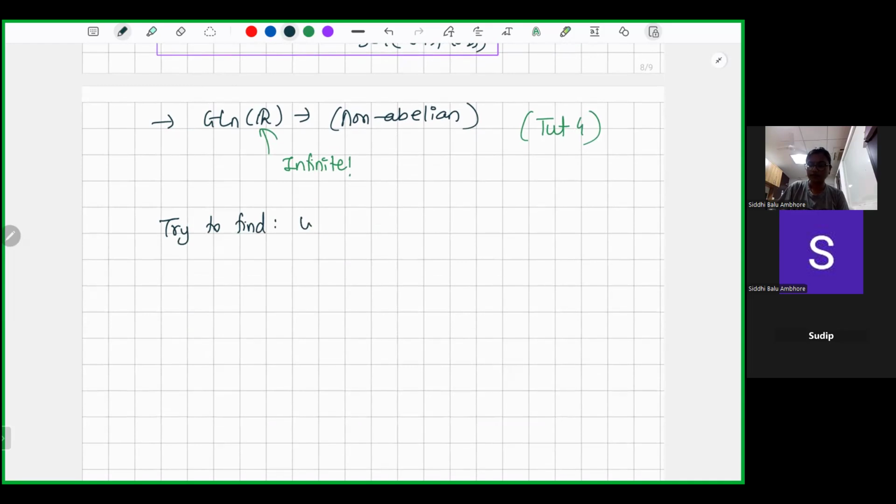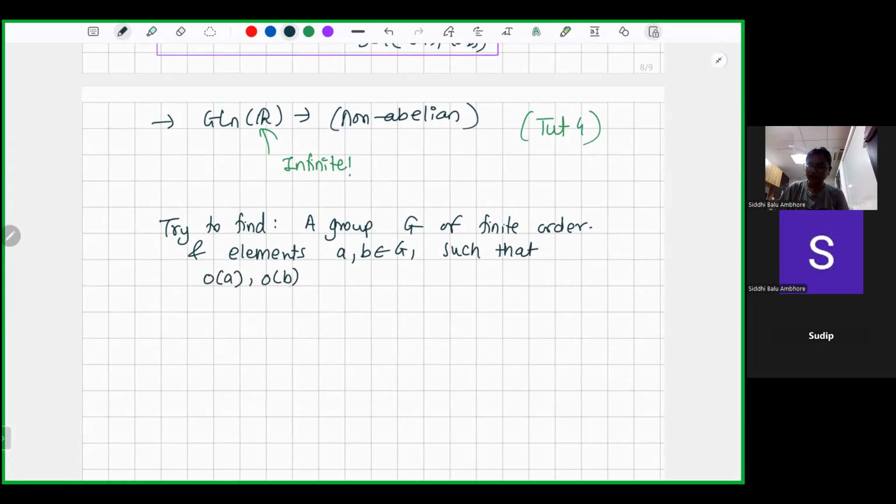What I'm asking you to do is try to find a group G of finite order and elements A, B in G such that the order of A and the order of B are finite, but the order of AB is not equal to the order of BA.